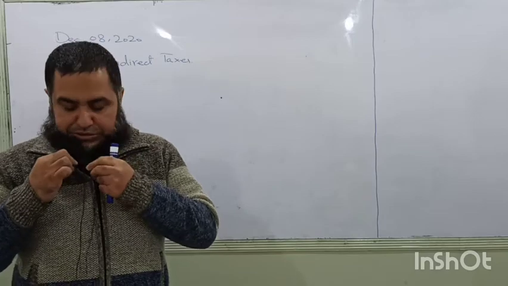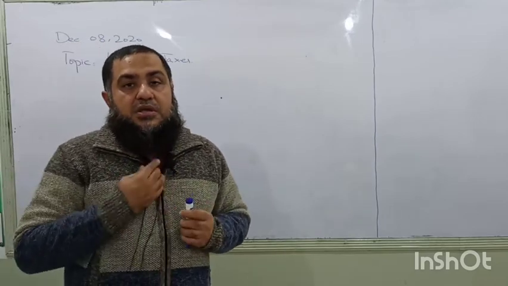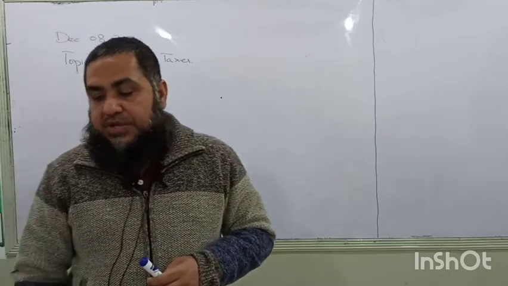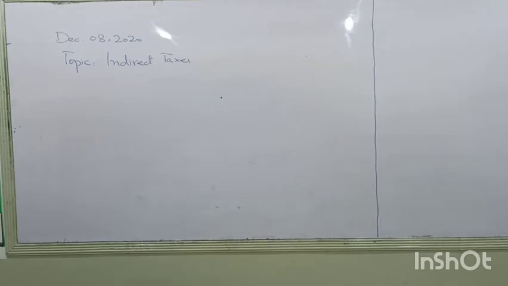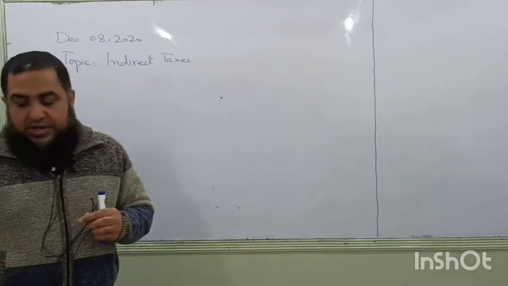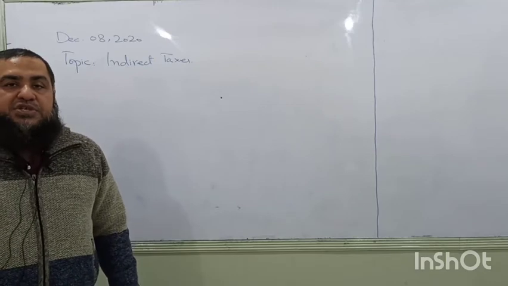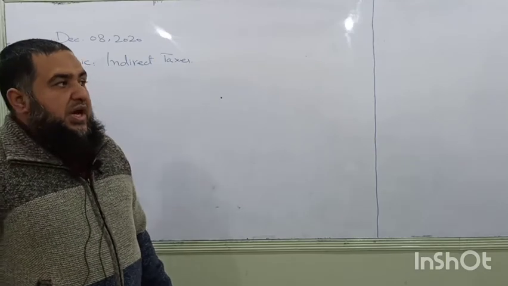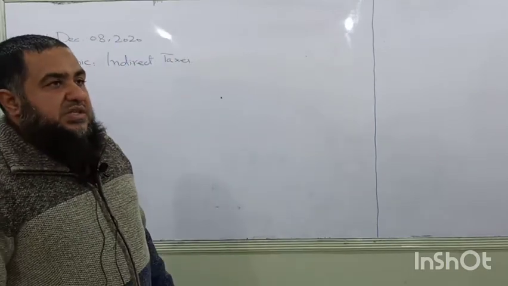Whereas direct taxes are those in which the tax burden cannot be shifted to others. A person who is liable to pay the tax has to bear its burden. So indirect taxes are those in which the tax burden can be shifted to others. These are called expenditure taxes, like sales tax.